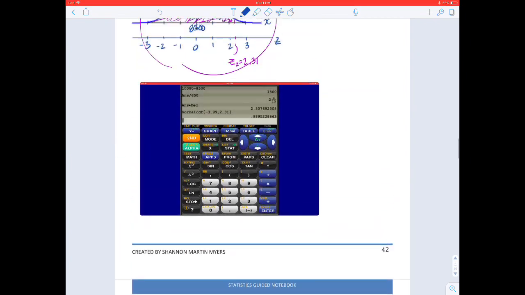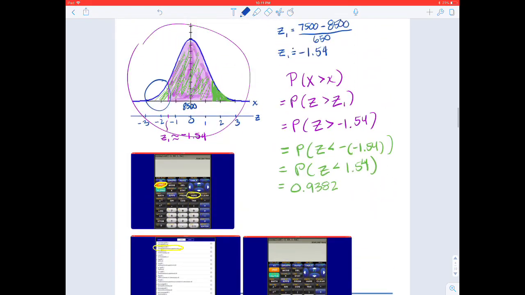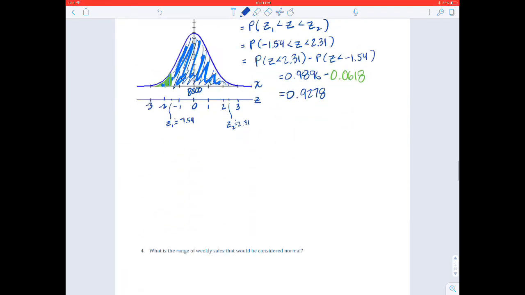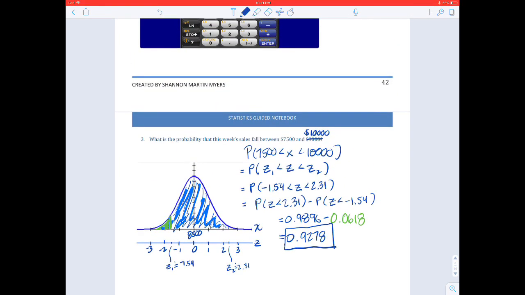Double check those areas. Yeah, and then we found the other one from the table. Okay, so that's the probability that the sales fall between 7,500 and 10,000. Cool, cool?